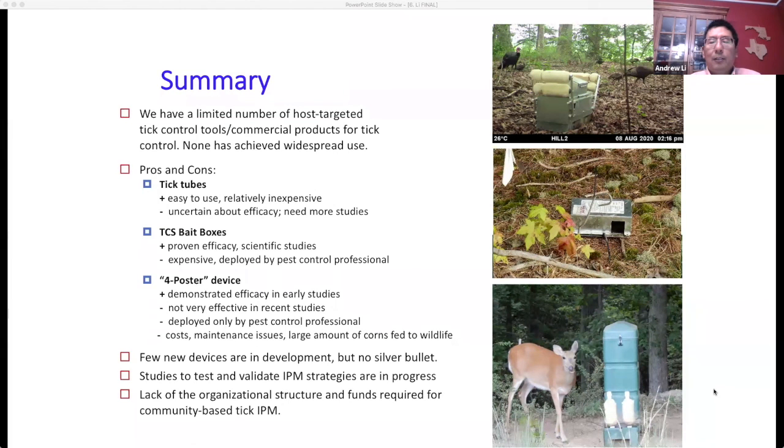But when it comes to tick control, there is no such infrastructure or organization, and no funding available for community-based tick IPM. So that's the situation where we are. It's a very complex system with very few tick control tools available. So it has been a tremendous challenge to move forward to mitigate the deer tick and Lyme disease issue. That's the situation we're facing.